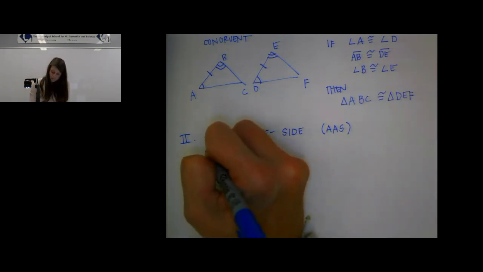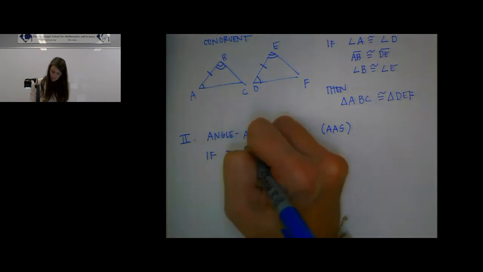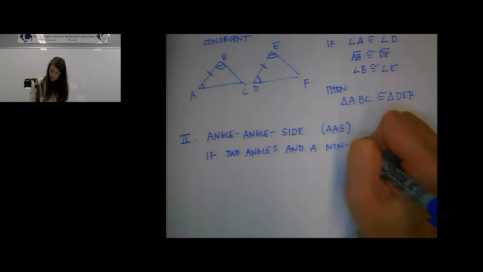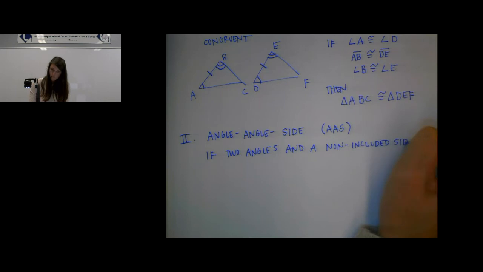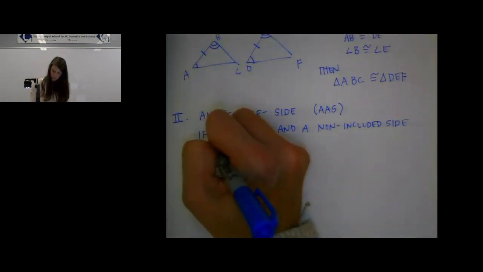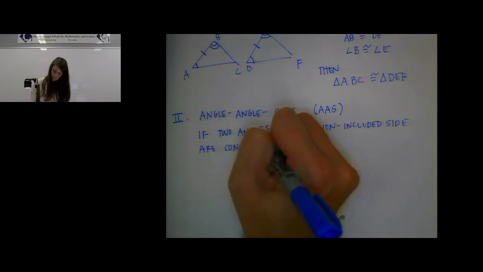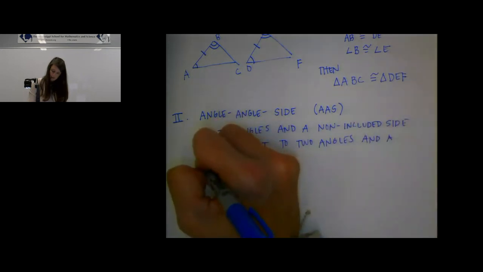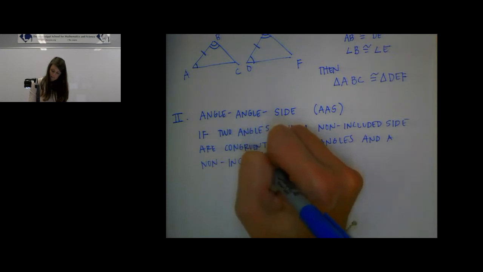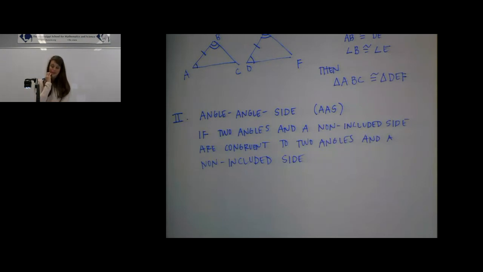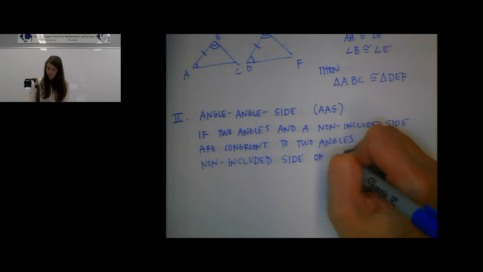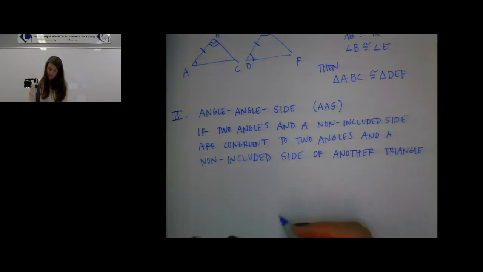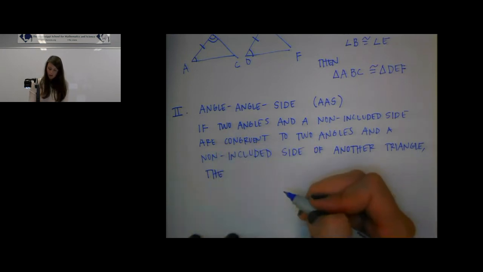All right, so if two angles and a non-included side are congruent to two angles and a non-included side of another triangle, that just means the side is not in between the two angles that are congruent. Okay, then the triangles are congruent.